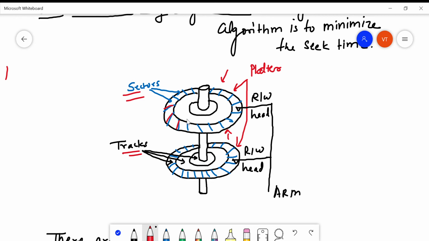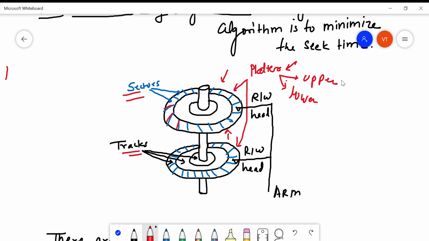To reach a particular sector, first we must reach a platter, then a surface. As I said, a platter will have either an upper surface or a lower surface.